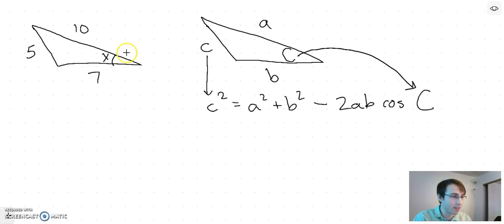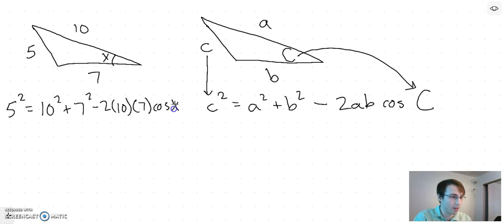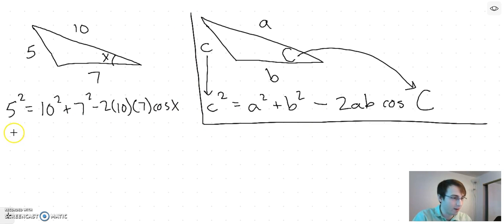So let's do that here. c squared, c is 5. 5 squared equals a squared, so 10 squared, plus 7 squared, minus 2 times 10 times 7 cosine of x. Let's box this so we don't run into it. So 25 equals 100 plus 49 minus 140 cos x.